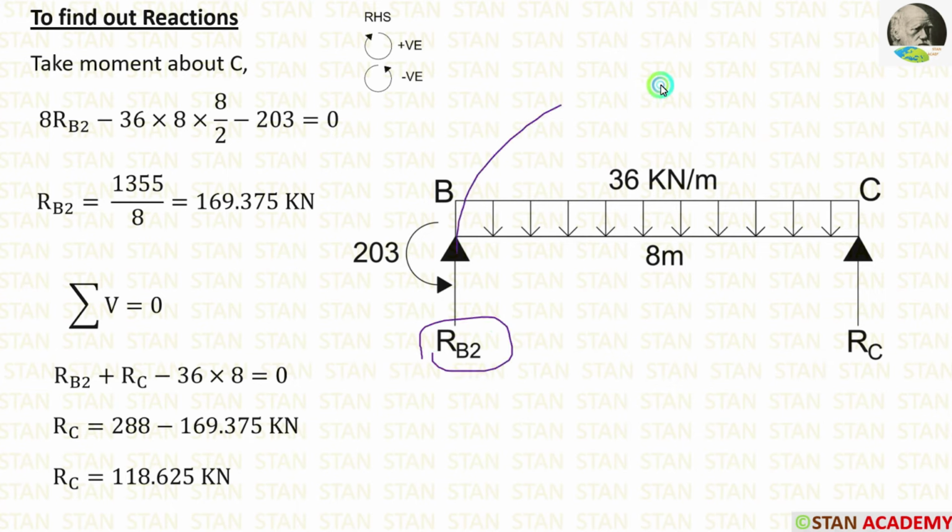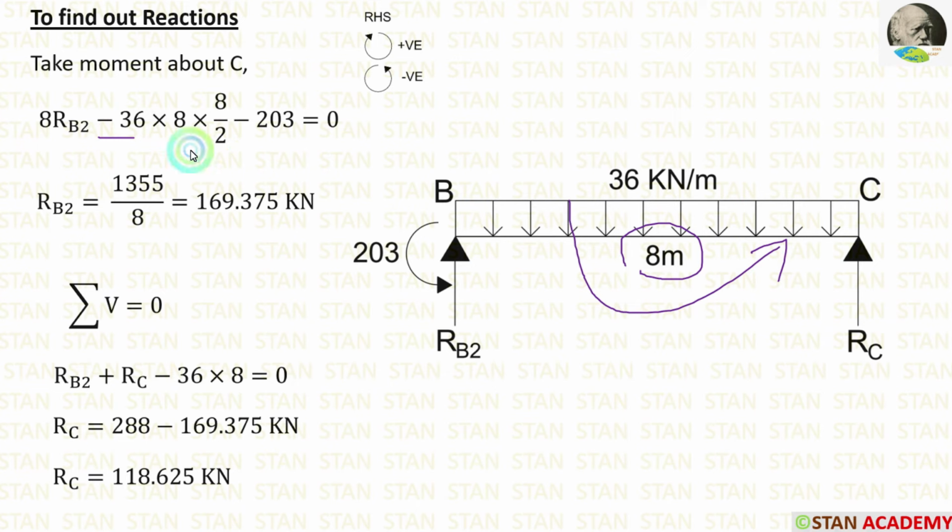RB2 is acting towards the point C in the clockwise direction, so it will be positive, and the distance is 8 meter, so 8 RB2. The UDL is acting towards the point C in the anti-clockwise direction, so it will be negative, and the distance is 8 meter.